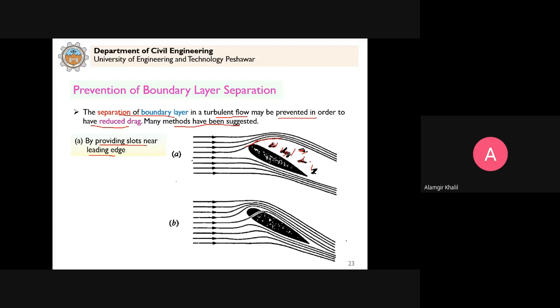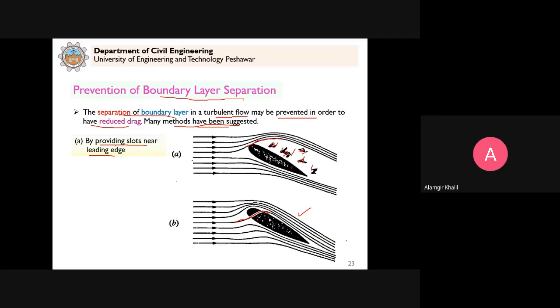Now to avoid this situation, if slots are provided in this body, then you can see that the boundary layer separation can be prevented here. So in this case, the drag force will be less as compared to this case. Providing slots near the leading edge is one of the methods to prevent boundary layer separation.